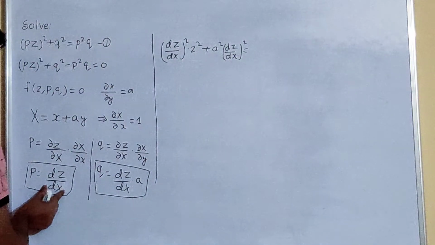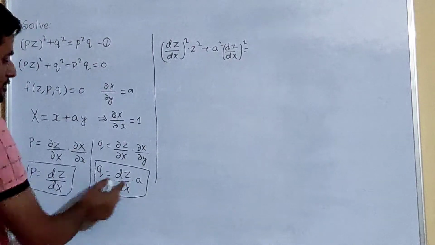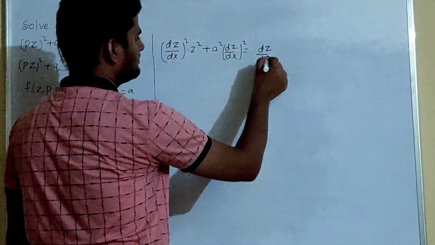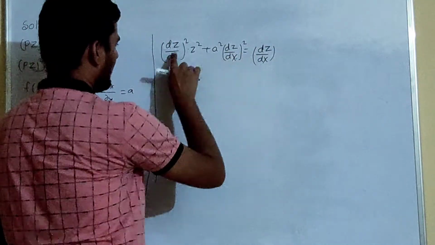So p square is (dz by dX) whole square into this, so I will get (dz by dX) whole cube into a. Everywhere it will be capital X.